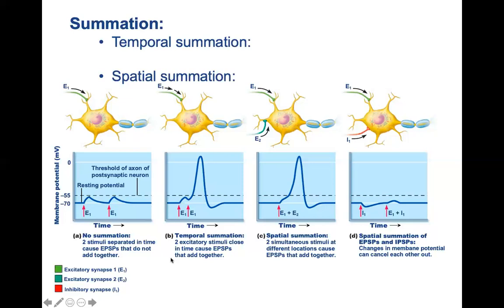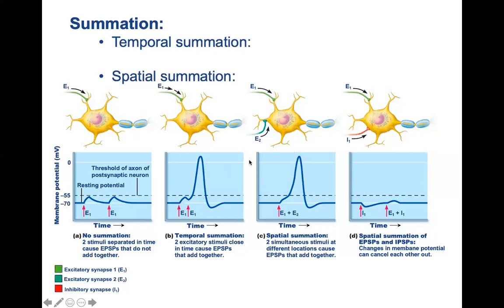When you have multiple excitatory forces come in, even if the first one didn't reach your threshold to create an action potential, it doesn't go back down completely to -70. As the second excitation comes in, that helps you depolarize enough to reach your threshold and create your action potential.